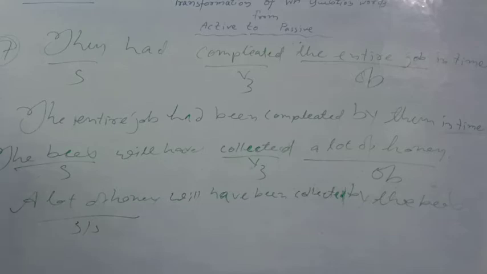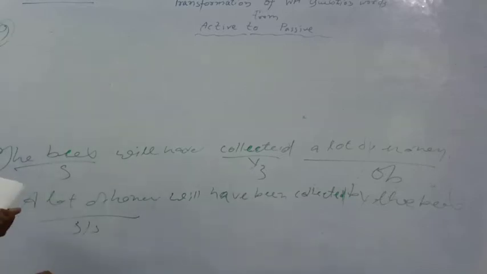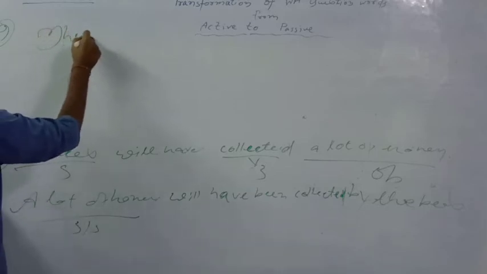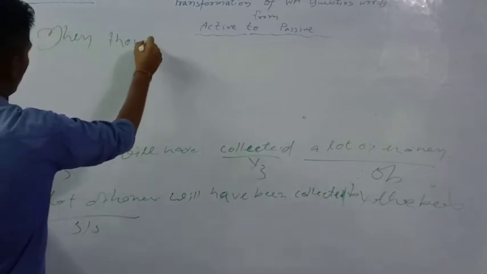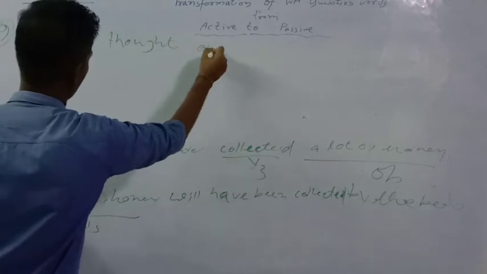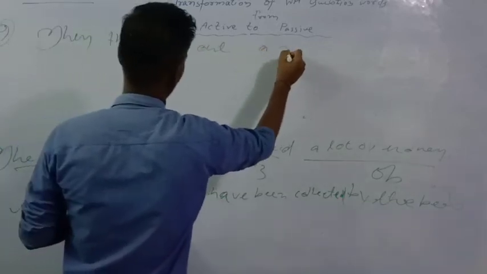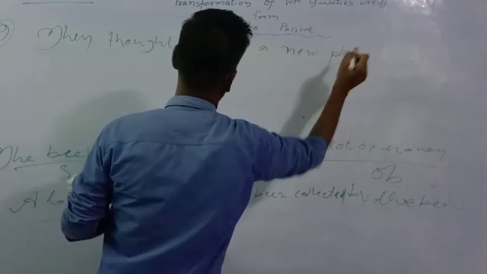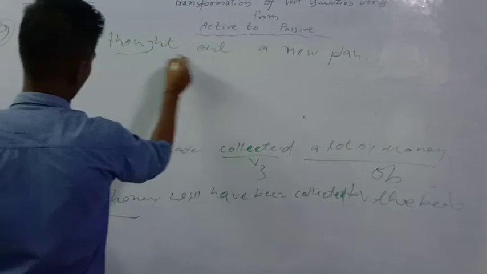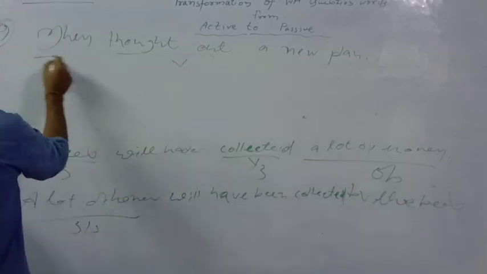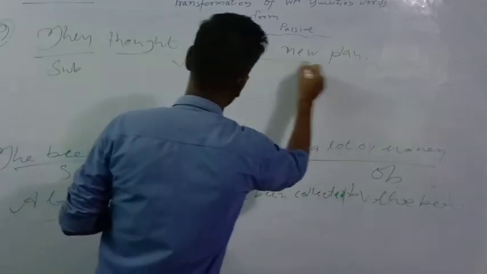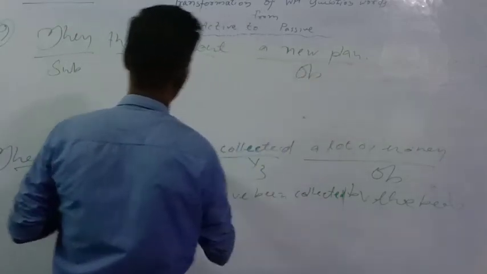Many questions are there. They thought out a new plan. Thought out is the verb. Speaking about they, they is the subject. What thought out? A new plan, object. Interchange.